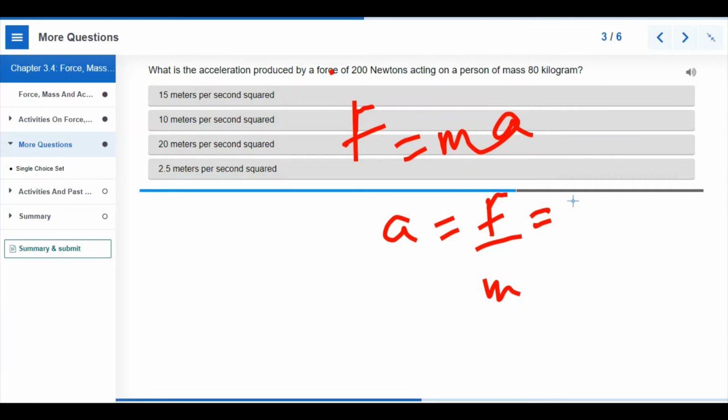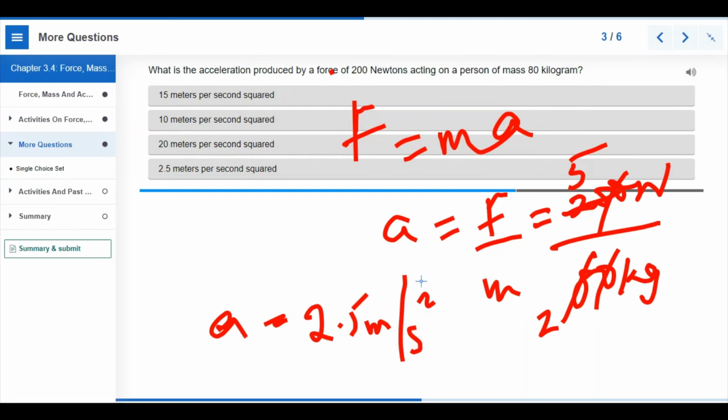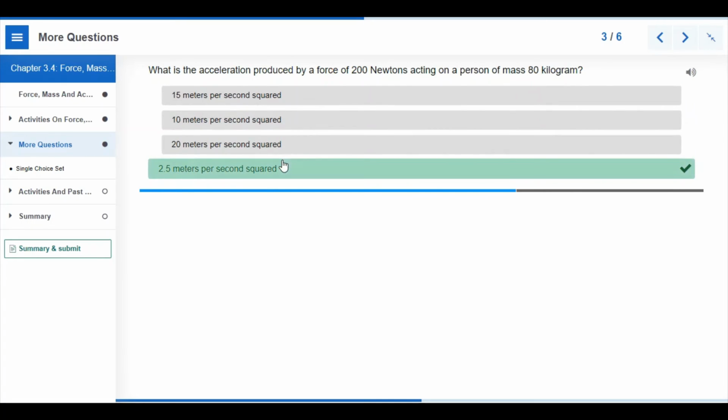Our force is 200 newtons, while our mass is 80 kilograms. So this cancels this. 4 in 8, we have 2. 4 in 20, we have 5. And that acceleration gives what? 2.5 meters per second squared. We already have 2.5 meters per second squared. Let's see. Correct.